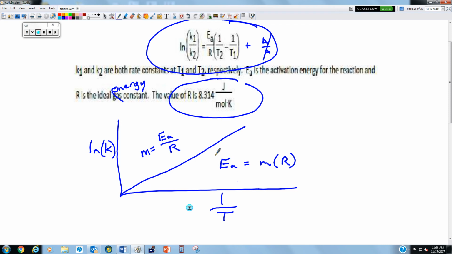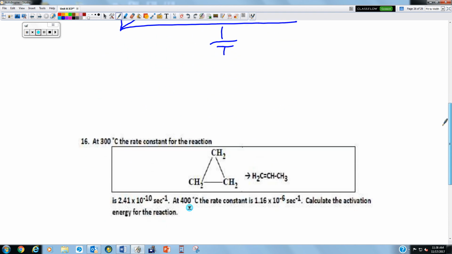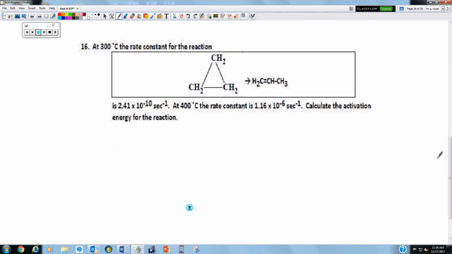All right, so let's work some of these problems. At 300 degrees Celsius, the rate constant for the decomposition of cyclopropane is 2.41 times 10 to the negative 10 seconds to the negative 1.